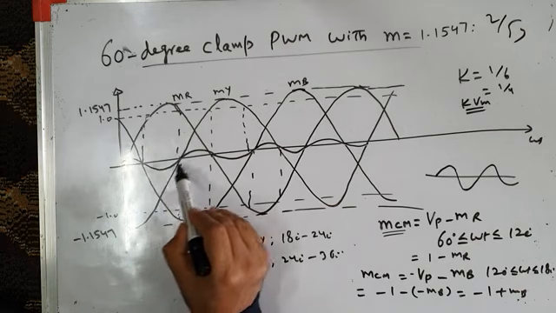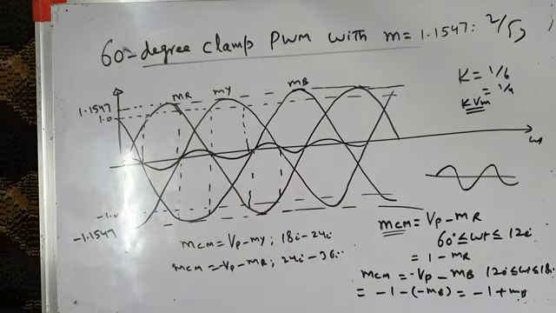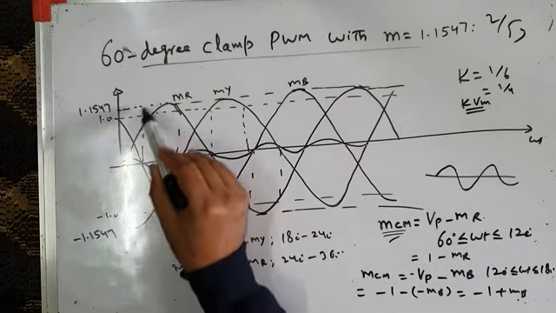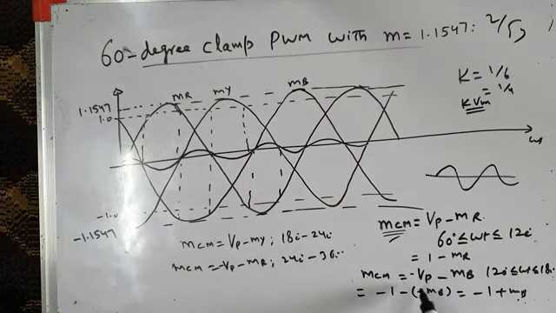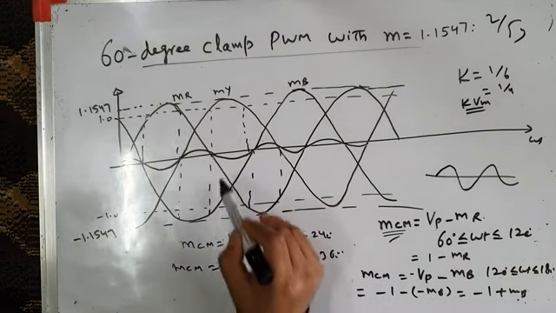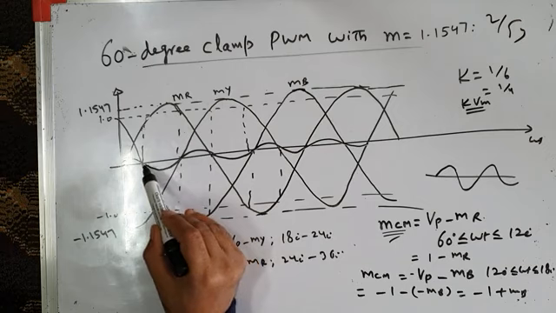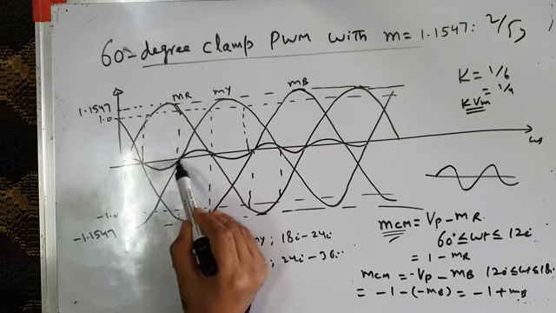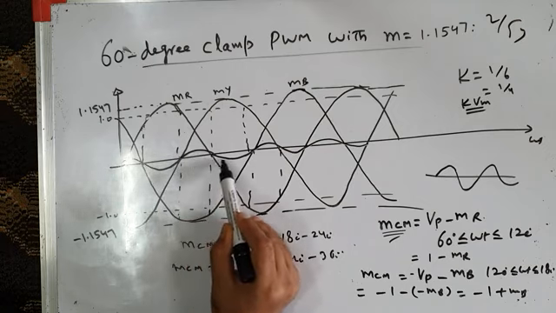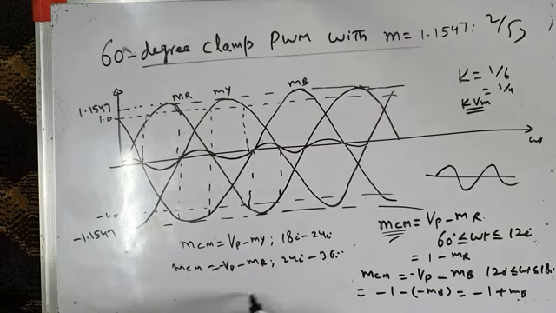If you see the pattern of this waveform, it's not calculated that way. It is calculated by these formulae. Over the first 60 degree interval, it is Vp minus Mr. Over the next 60 degree interval, it is minus Vp minus Mb, and so on. So it will not be sinusoidal like that. It will have some sort of distortion, because had it been sinusoidal, it would have been like this.